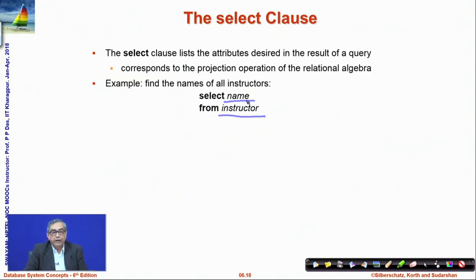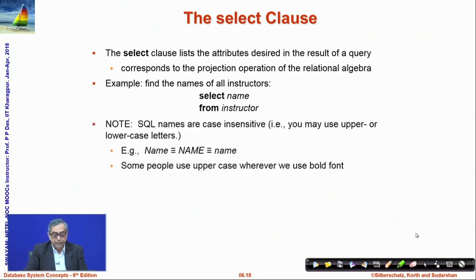The instructor table has 4 attributes: ID, name, dept name and salary. From that it will simply take the name of the instructor and list that in the output table. So, that is the basic form of selection that happens.